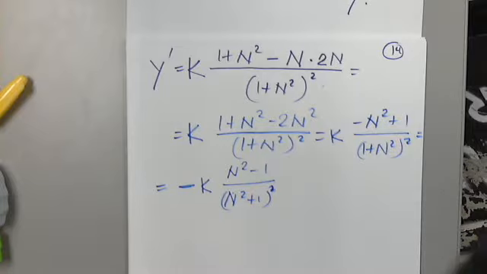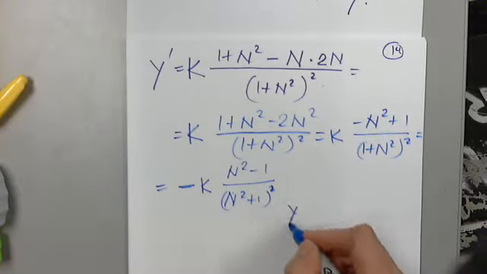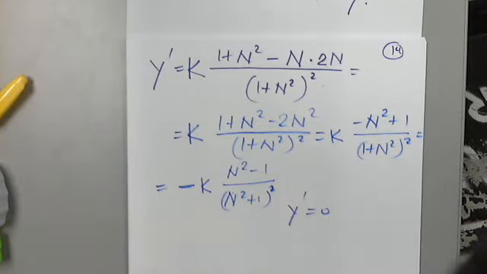So now I'm asking myself two questions. Are there critical numbers coming from Y prime being undefined? No. N squared plus 1 is always positive, not 0. Are there critical numbers coming from Y prime being 0? It's a fraction. The top is N squared minus 1.